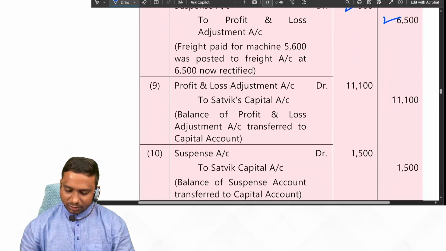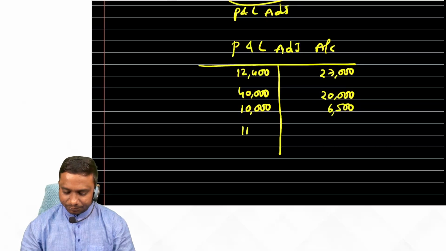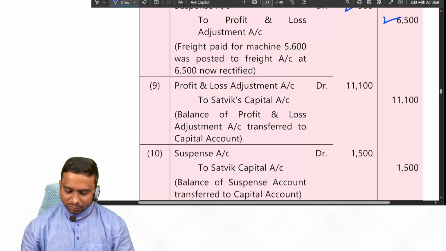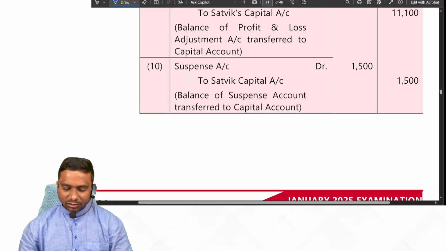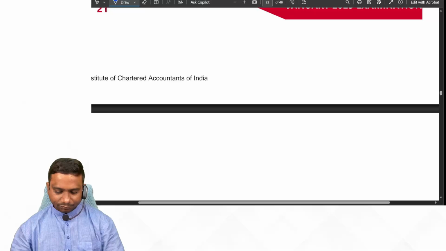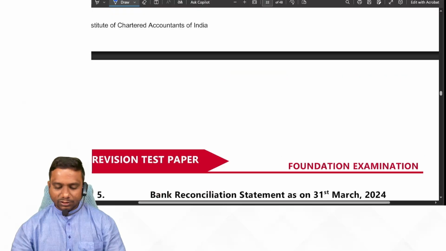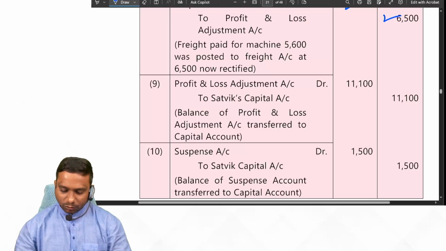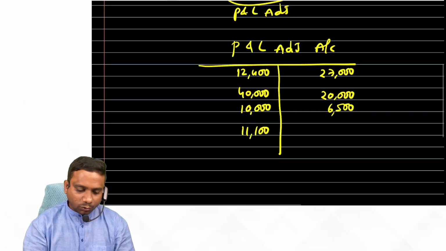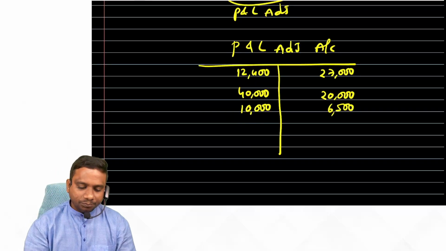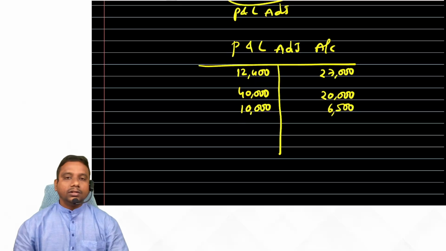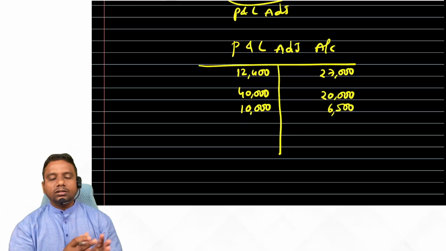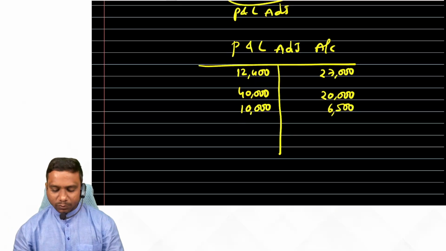Next one, debit 11,100. That's it. Sorry, this 11,100 is not posted. Finally, we have to post. After posting all the rectification entries into this P&L adjustment account, it shows like this.